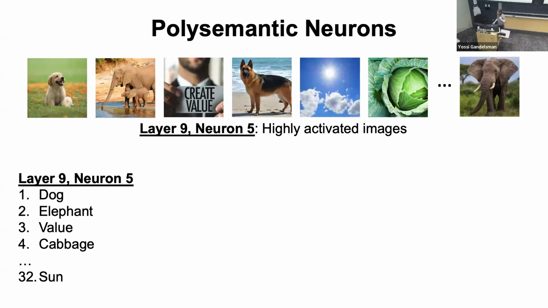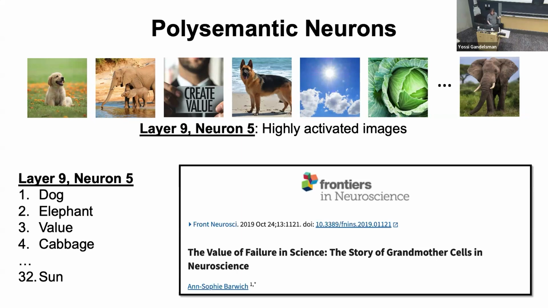Right? And just as a throwback to neuroscience, apparently many years ago there was a debate in the neuroscience community about this idea of a Jennifer Aniston neuron or a grandma neuron, this idea that one neuron corresponds to one concept. And after a few years, people discovered that, of course, it's not the case. The same neuron corresponds to many concepts, and many concepts correspond to many neurons, and it's not a one-to-one mapping.